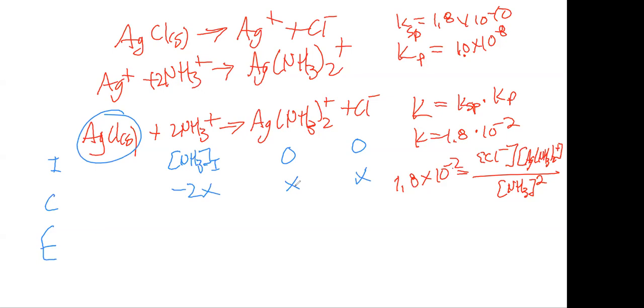And then the interesting part is that we do know how much of that AgCl we need to have dissolved at the very end. We need to dissolve 0.01 moles of it at 1 liter, and so that gives us a concentration of 0.01. That means that this is going to have a concentration of 0.01. And then this one is going to be NH3 of its initial minus 2X.